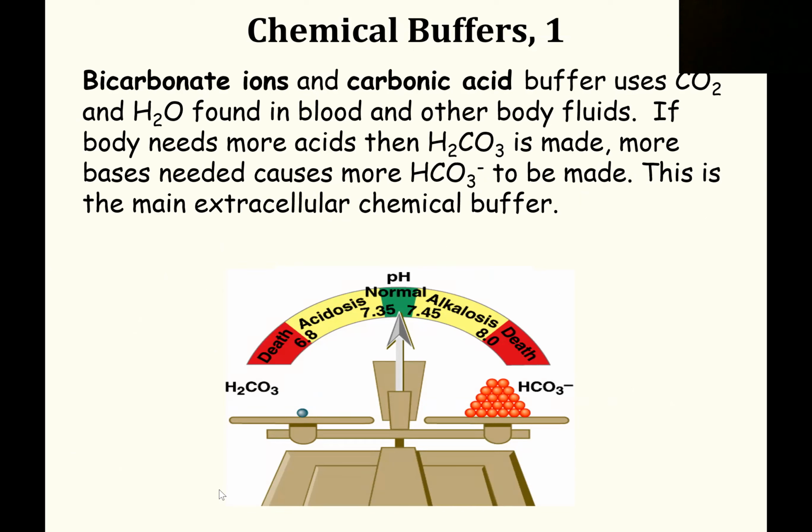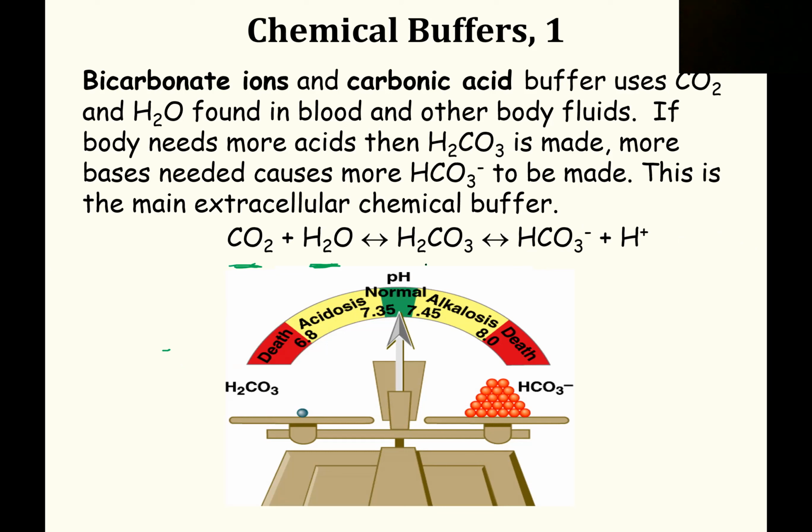This is our main extracellular chemical buffer. And you have this already written in your notes. It shows the combining of carbon dioxide and water to form carbonic acid. Notice the arrows go both ways, so the reaction can go either way.